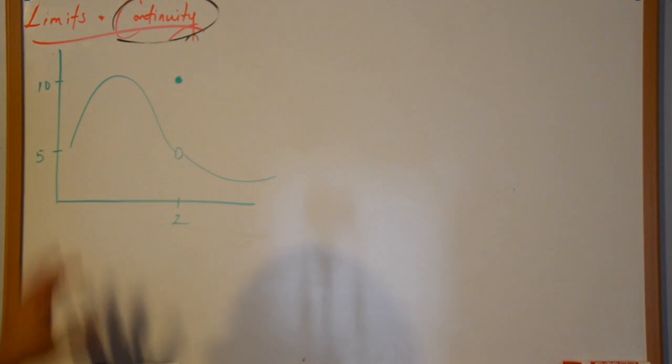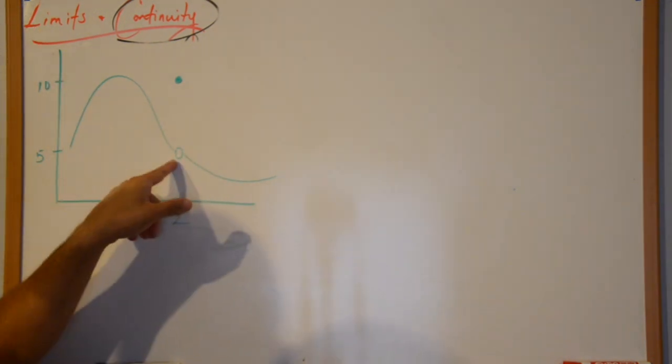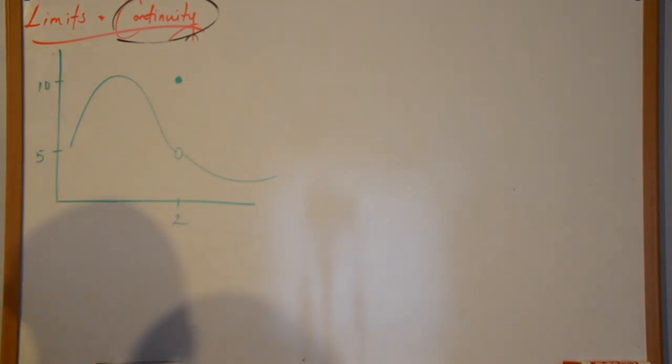We have a function whose left and right sides are tending towards 5, but the function is undefined at 5, and we have a defined value at 10.